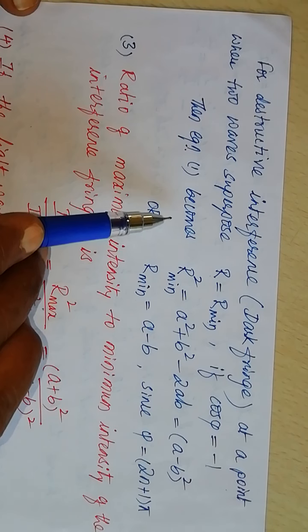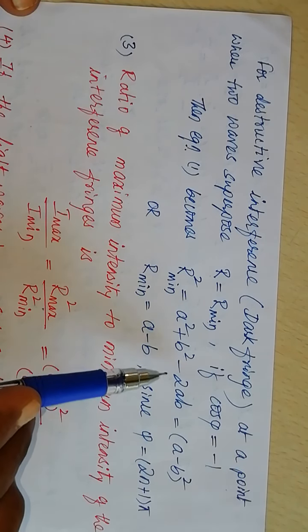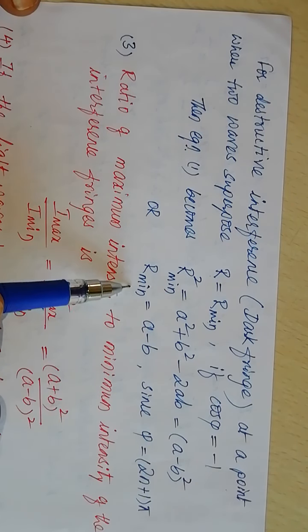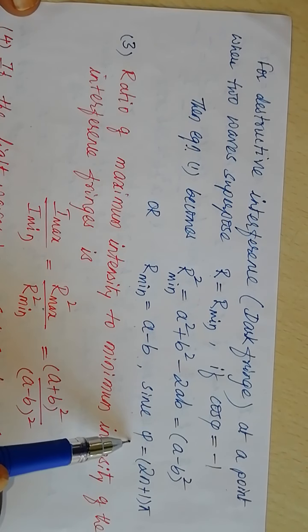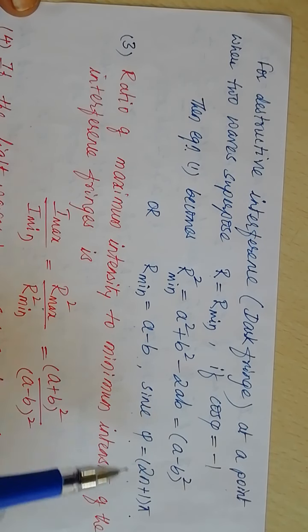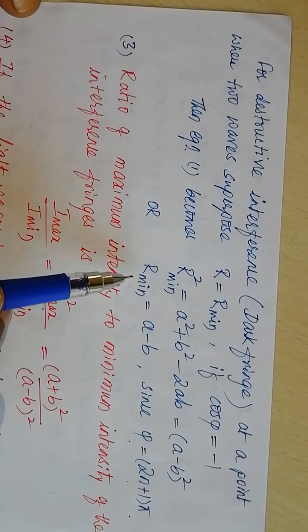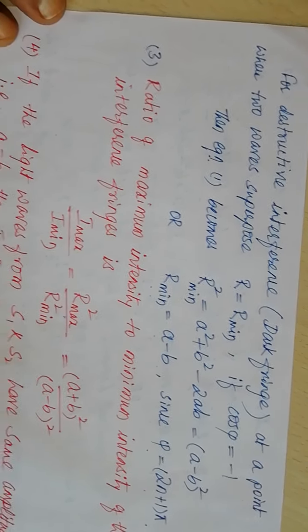Then the equation for resultant amplitude becomes R minimum square is A square plus B square minus 2AB, which is A minus B whole square, or R minimum equals A minus B. Since the phase difference is an odd multiple of pi: 1 pi, 3 pi, 5 pi, 7 pi, the waves arriving at a point give minimum resultant amplitude, which is the difference between the amplitudes of individual waves.